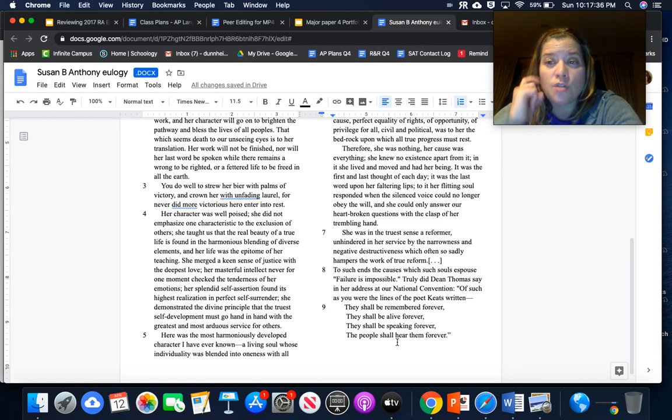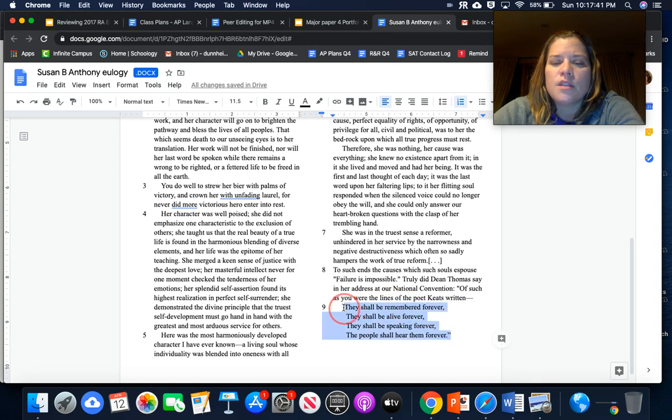Okay, I don't want you to fall into a trap here. The speaker up at the top is quoting someone else, Dean Thomas, who in turn was quoting someone else, the poet Keats. So this right here is not our speaker's words.